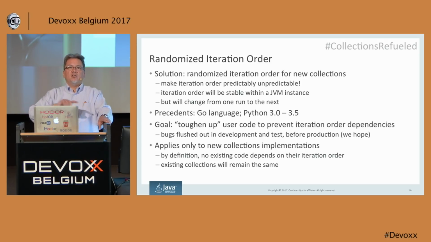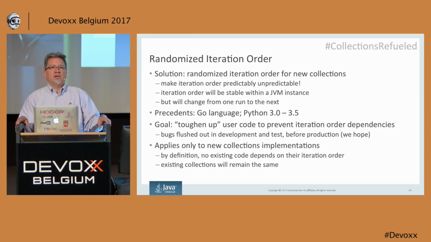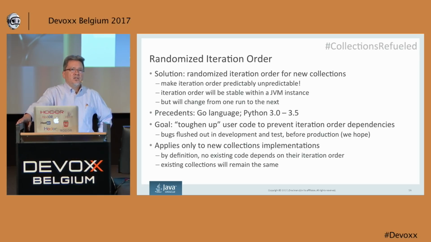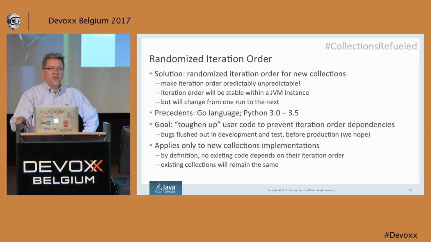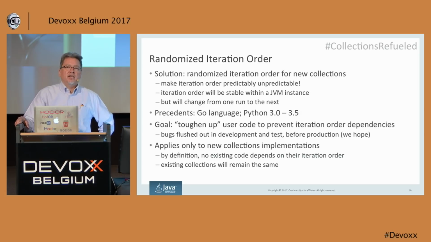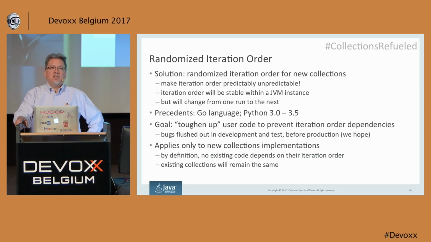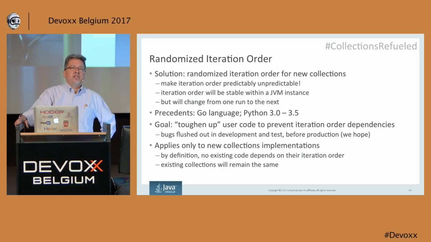So if you insert things in a particular order and then iterate, you will get a predictable order that's the same as the insertion order. There's also an access order variation of those. So if you're concerned about iteration order, even if you're using HashMap, you should probably convert to LinkedHashMap, because there's a possibility that we might change the iteration order of HashMap again in the future.